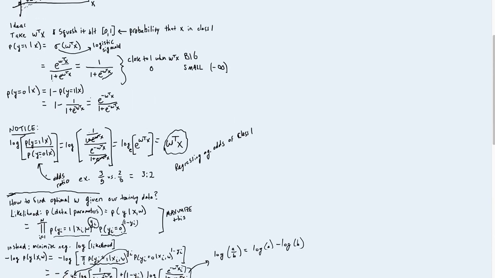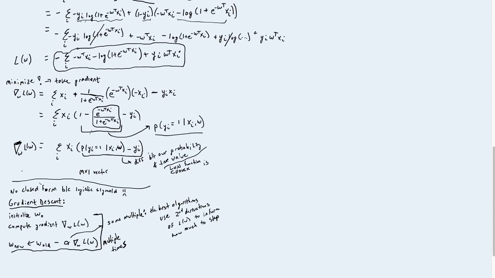The sigmoid squashing function looks like this. This is 0, this is 1, and the sigmoid squashing function kind of looks like this. So we squash it to a probability between 0 and 1, and then we get some probabilistic idea of how likely it is that our data point falls into class 1.